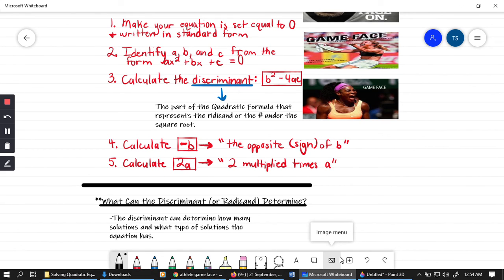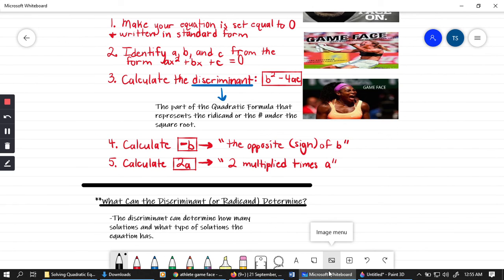So there are three different options that you have when we're dealing with the discriminant. The discriminant, which is the number that's up under the square root, can either be a positive number when you calculate it, or the discriminant could be 0, or the discriminant could be a negative number.